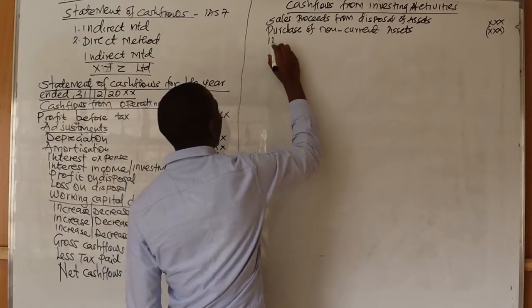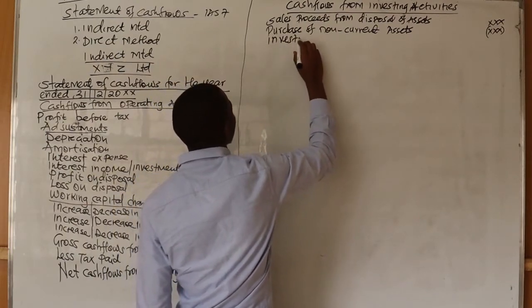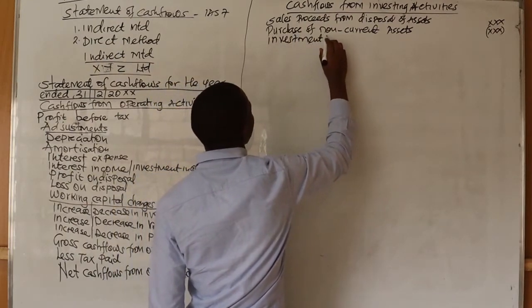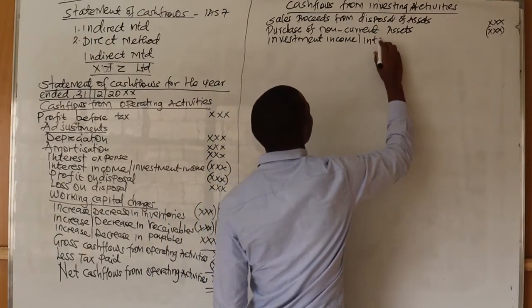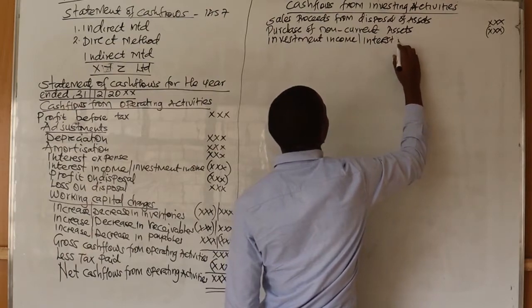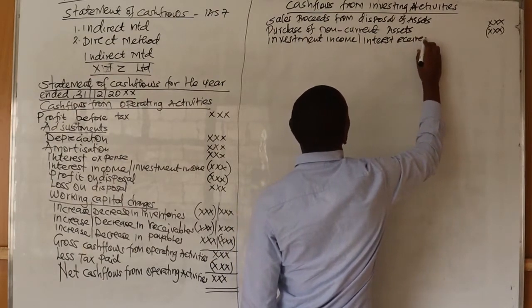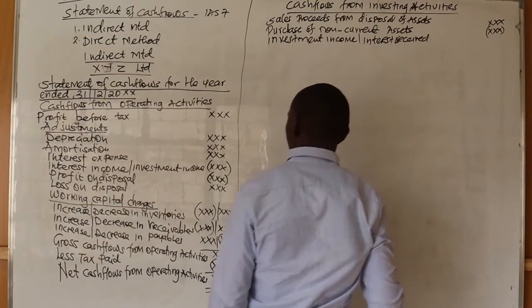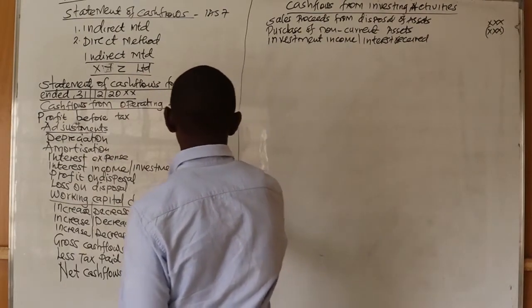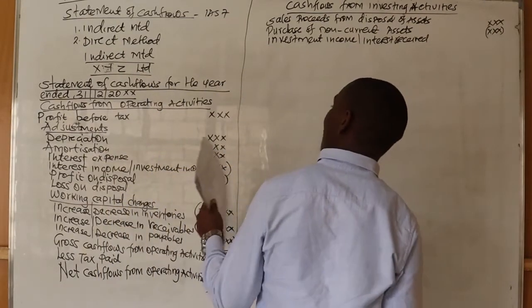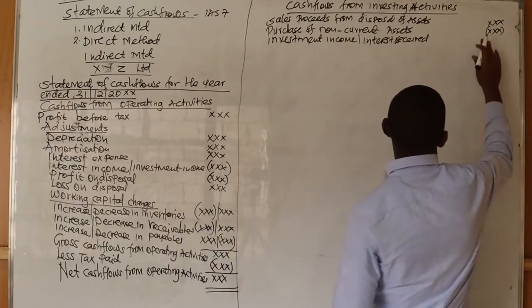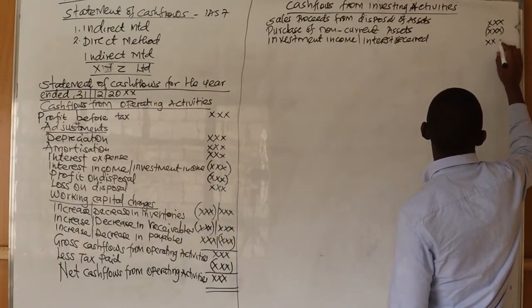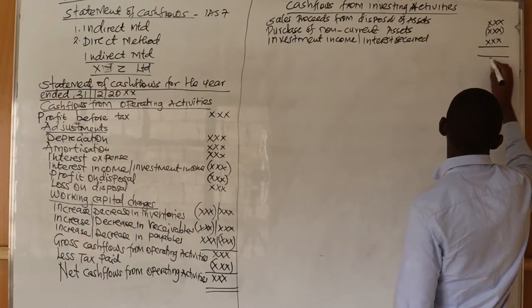Then we have the investment income, or what we call the interest received. The interest received is the one that we were able to less here. We less it because it is not part of the operations. Therefore, you're supposed to come and add it on the investing.